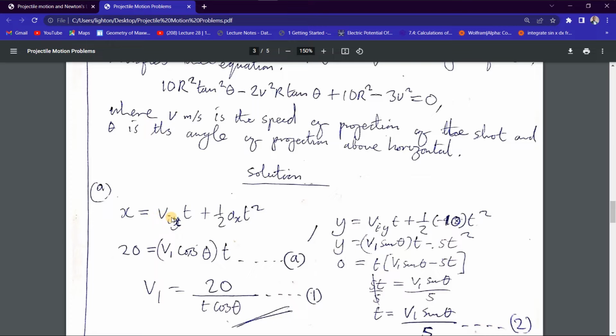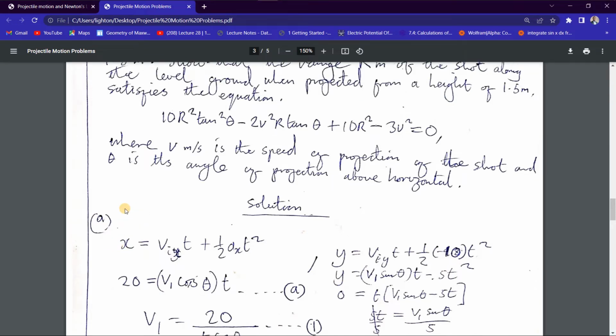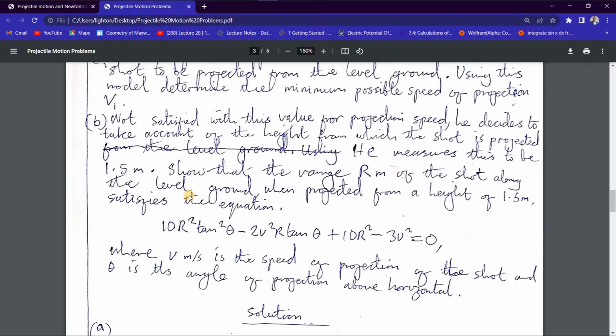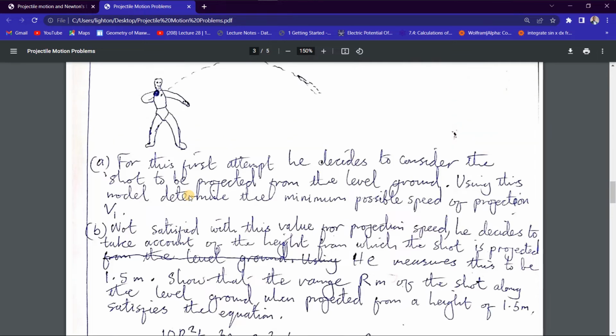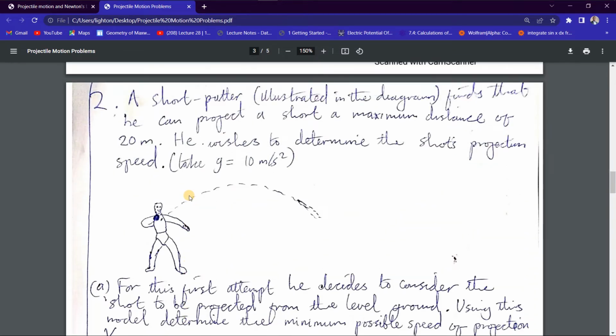So now what is Vix? This is Vi subscript x times time. I know it's not clear, but this is Vix, V subscript i x, times time. And x here is the horizontal component of displacement, which is being given here as 20 meters.